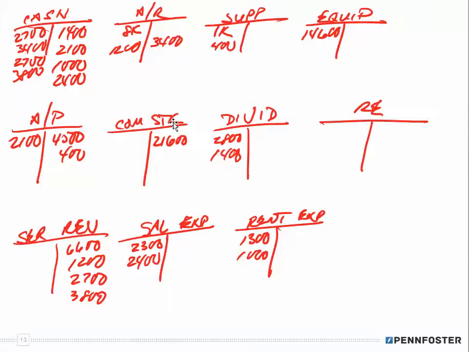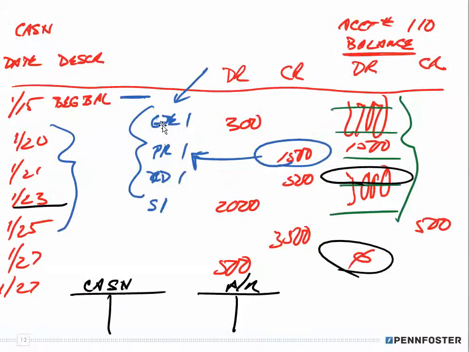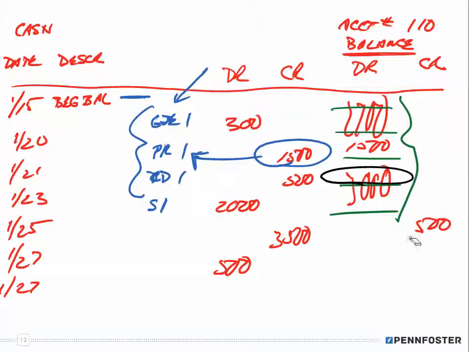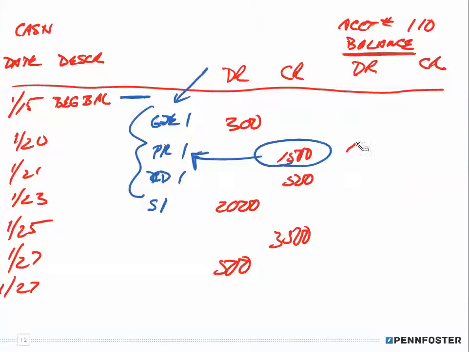Now realize that if you were using a ledger sheet like this, and I explained this in the previous video, and I know this is a little squiggly and a little convoluted here, so I'm going to erase some of this just for illustration purposes.